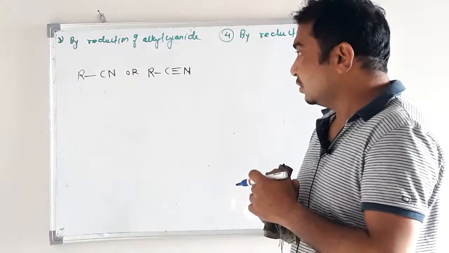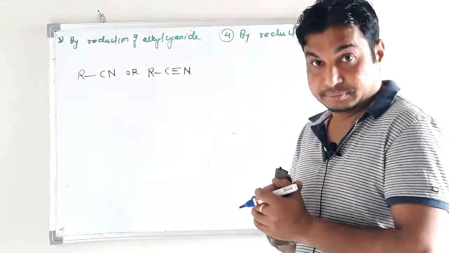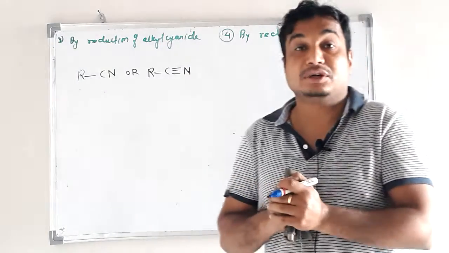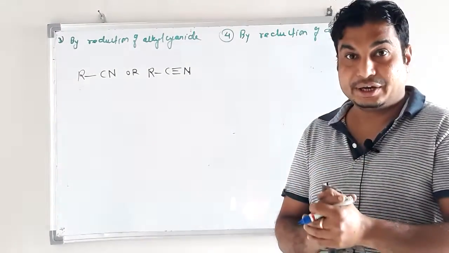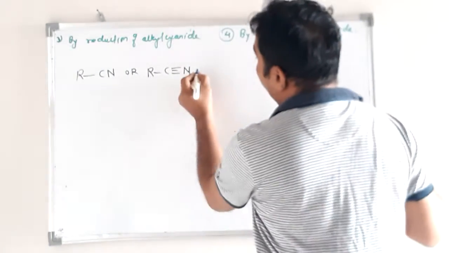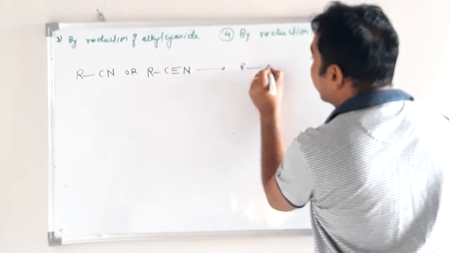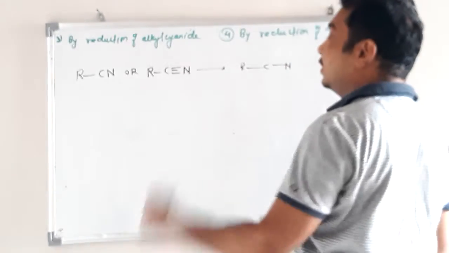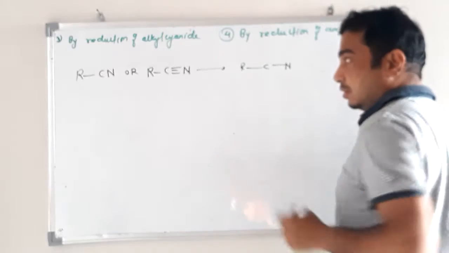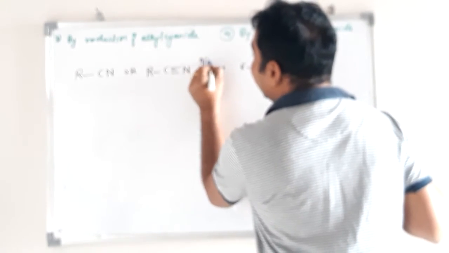Now if we add hydrogen atoms across this carbon nitrogen triple bond and convert it into a carbon nitrogen single bond, then what do we have to do? To convert a carbon nitrogen triple bond into a carbon nitrogen single bond, I have to add 4 hydrogen atoms.